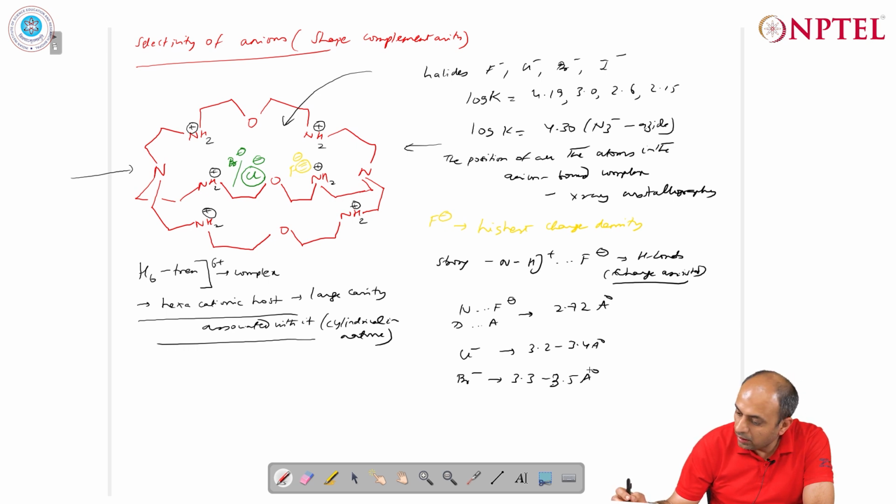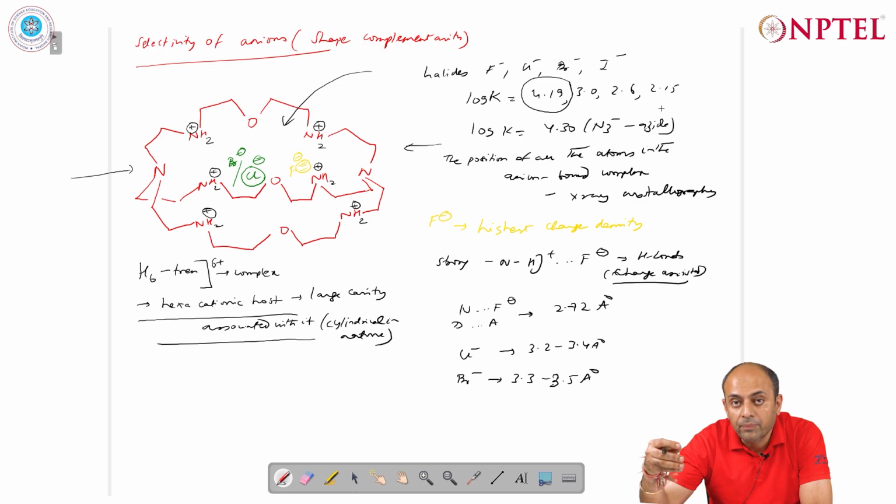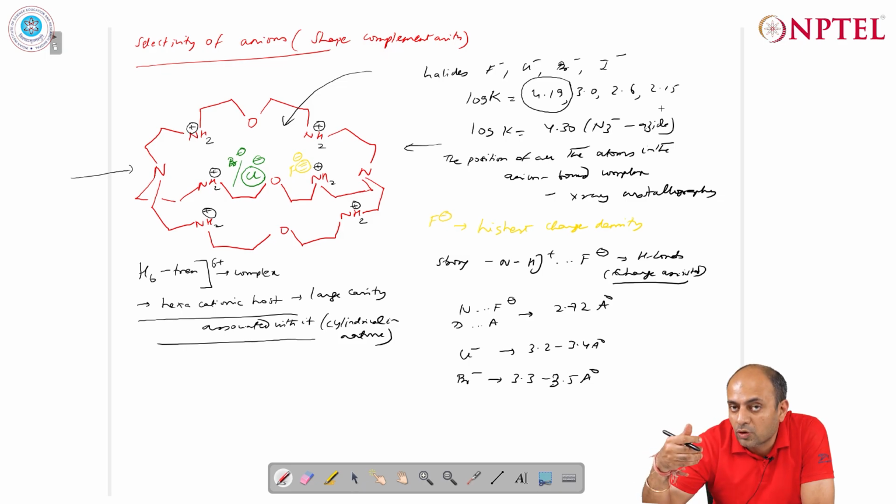So, now what is more interesting to observe in this particular case is that it is fluoride which is the most extensively solvated, but it is also the fluoride which has got the highest value of the binding constant. So, the magnitude of the binding constant follows the order of solvation. In fact, it is a surprising result, because if solvation is more, then more energy has to be spent in desolvation to enhance the binding.